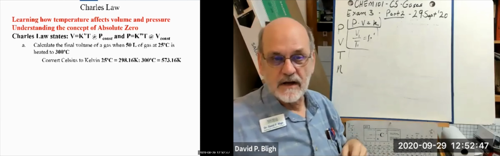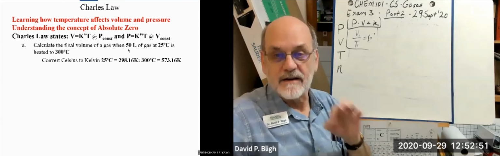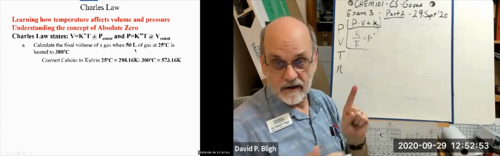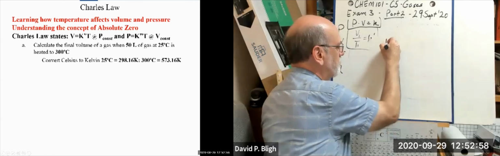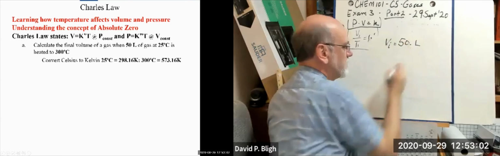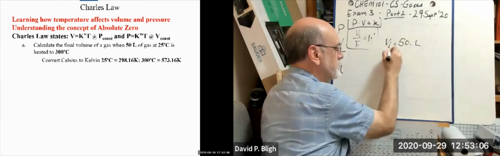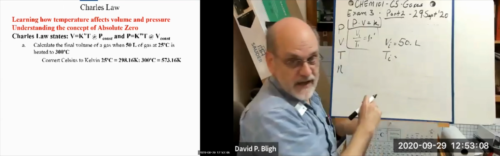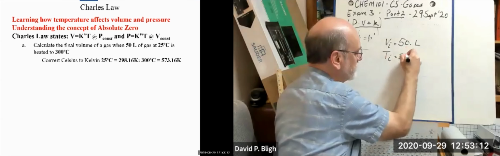And in this case, calculate the final volume of a gas when 50 liters, starting volume, at 25 degrees centigrade, starting temperature, I stands for initial, is 25 degrees centigrade.